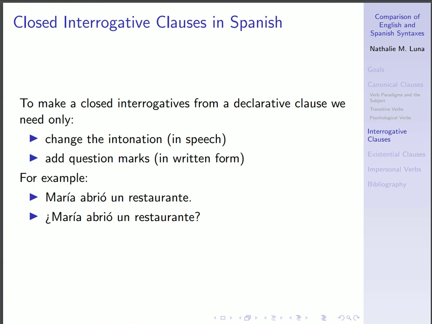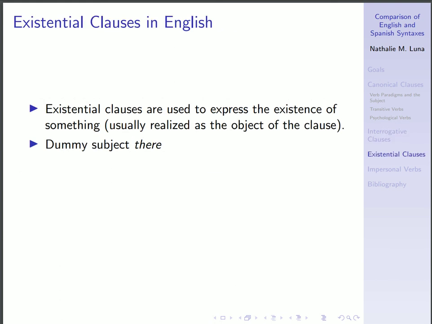Right. Next type of clause are existential clauses, which are used just to say that something exists. That something is usually the object of the clause. So there's no necessary subject. So what English does is it adds a dummy subject.